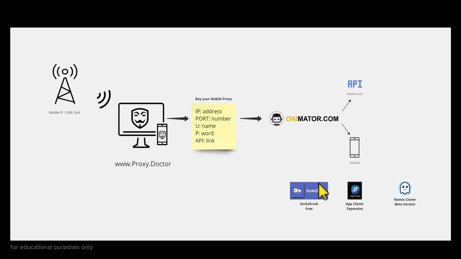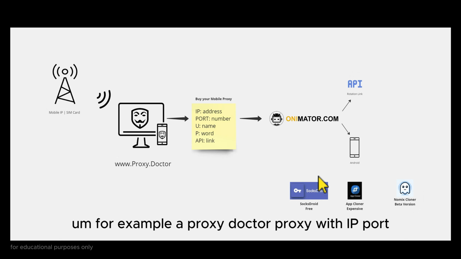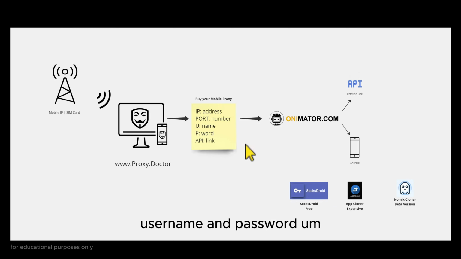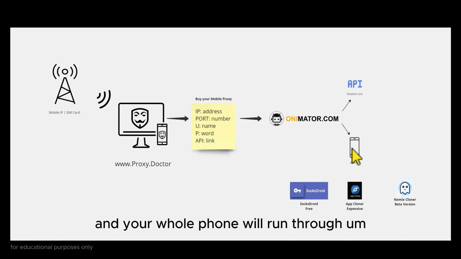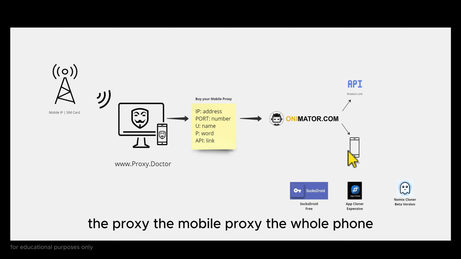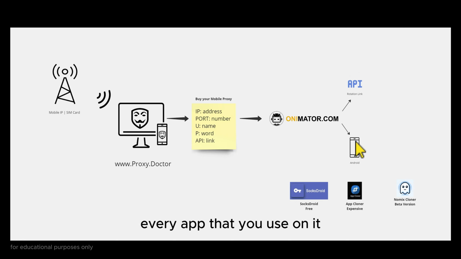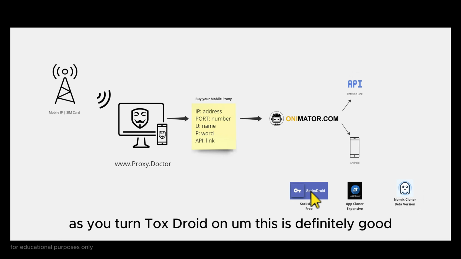It connects, for example, a Proxy.Doctor proxy with IP, port, username, and password to your Android phone, and your whole phone will run through the mobile proxy. Every app that you use on it will go through this proxy once you turn SocksDroid on.